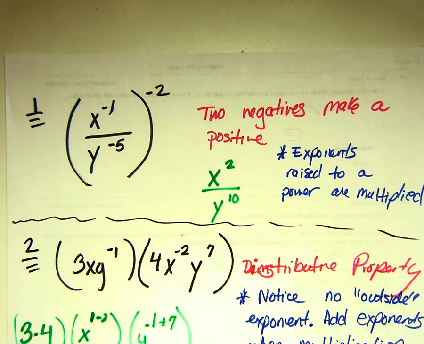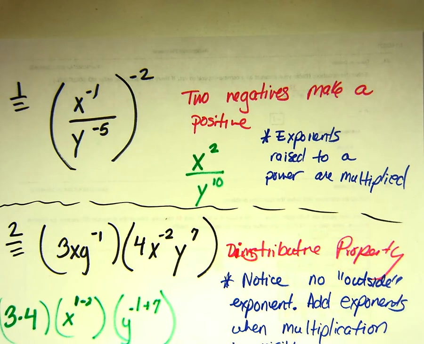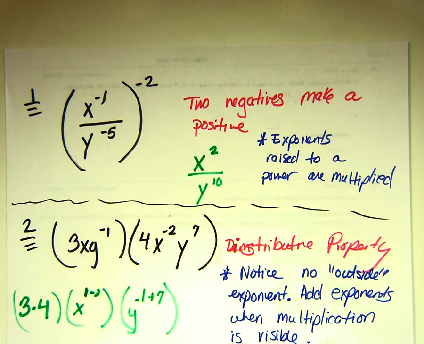So thank you for your patience, and my handwriting is just all over the place, but hopefully you'll be able to interpret it. So for the first one, in black, you see that you have x to the negative first power over y to the negative fifth power, all to the negative second power. So you got a power to a power.